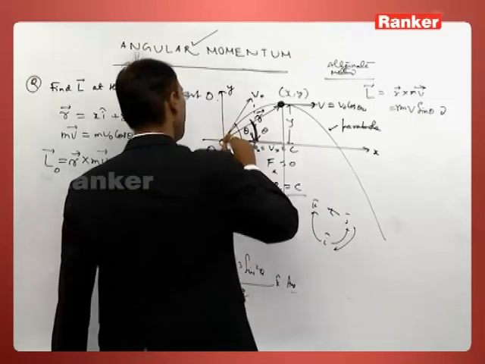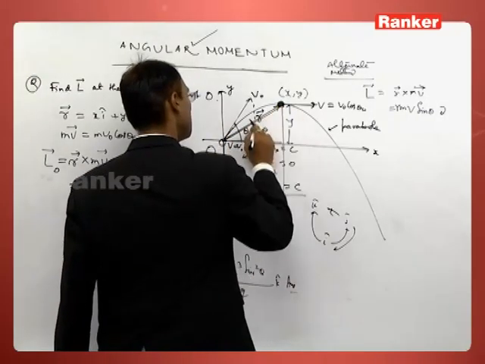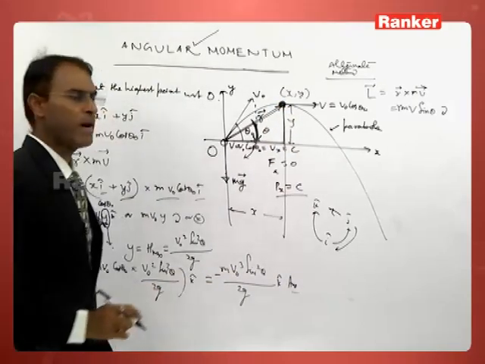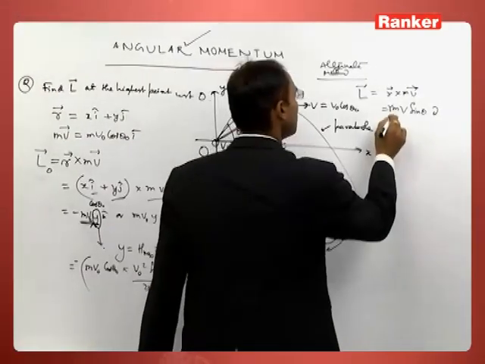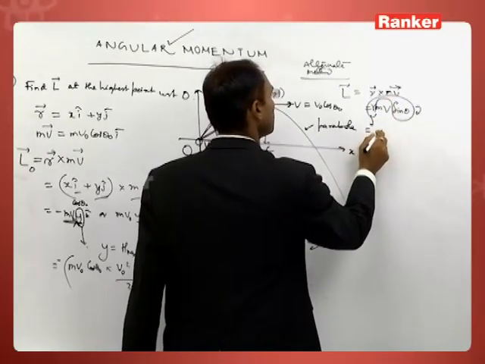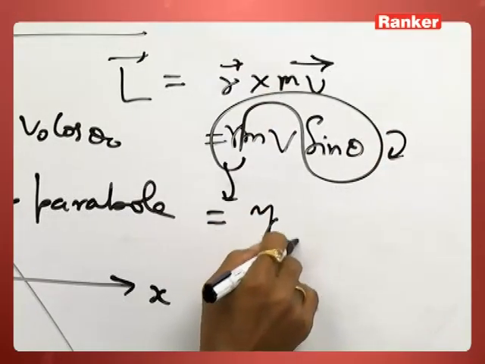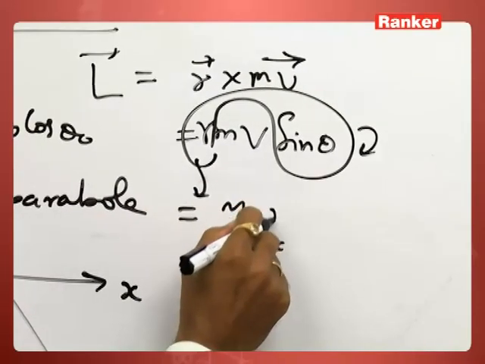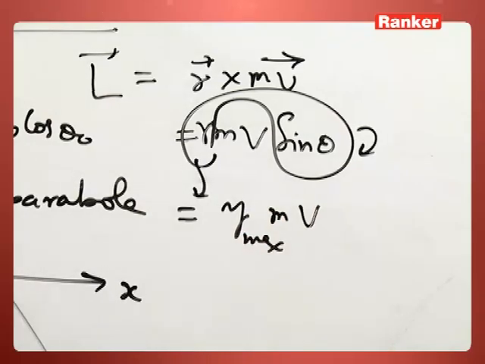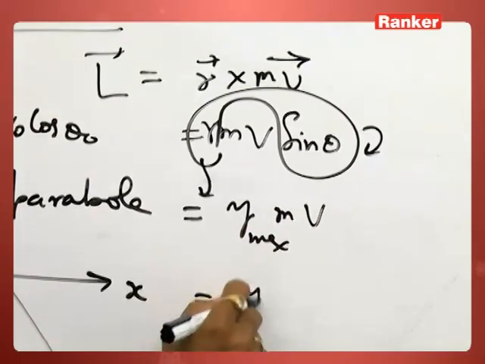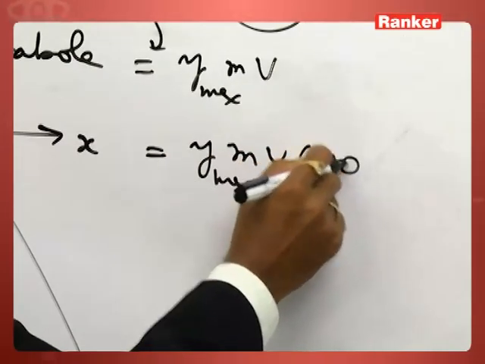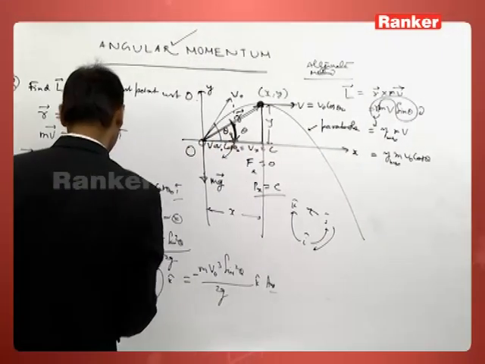And r sin theta is nothing but the maximum height. r sin theta can be written as y max or h max into mv. v is written as v naught cos theta, and y max you can calculate from this.